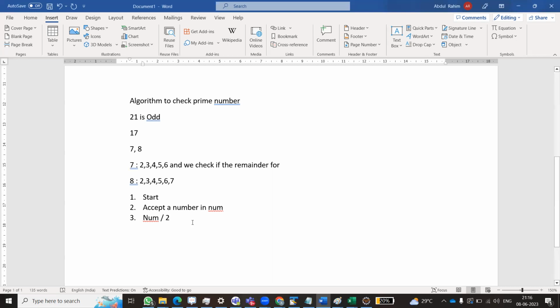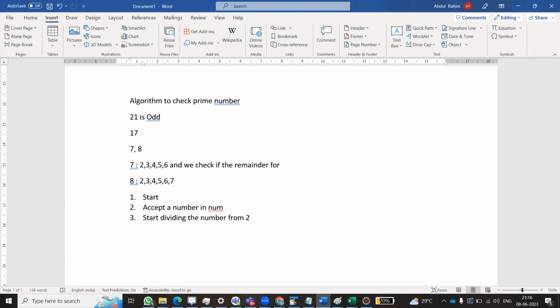You would say, start dividing the number from 2, num divided by 2, right? I'm just writing in terms, this is not an algorithm. I'm just telling how I would explain to a kid.